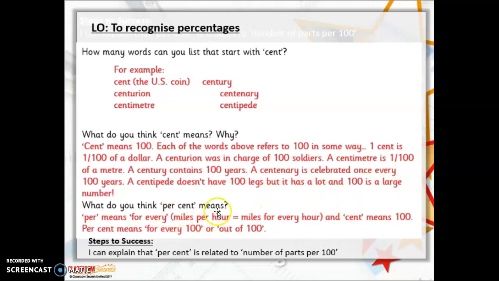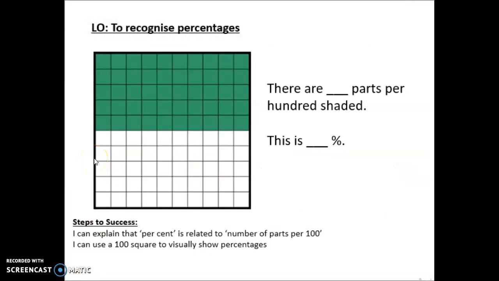So what does per cent mean? It means for every. So miles per hour is miles for every hour. Cent means 100. So per cent means for every 100 or out of every 100. Okay, so now to look at the grid again and recognise percentages. You've got your 100 grid once again.